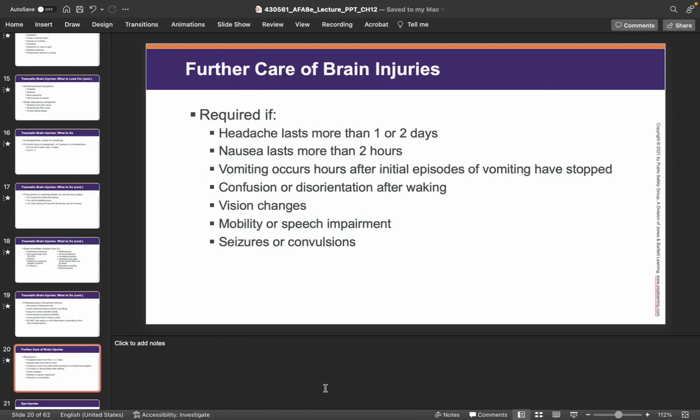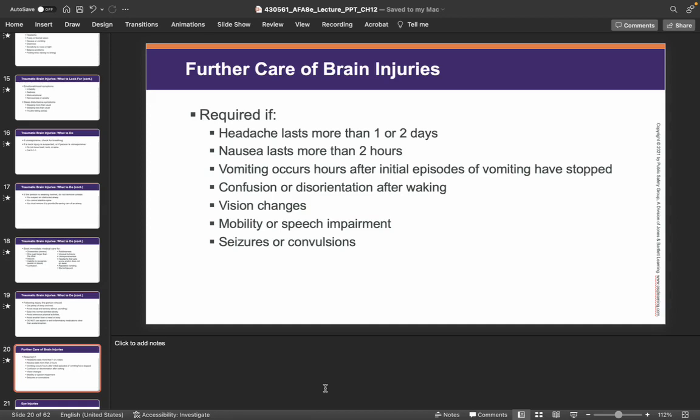Okay, so other care, going to the doctor, you would want to do if somebody's headache lasts more than 1 or 2 days, the nausea lasts more than 2 hours, if vomiting starts to happen hours after that initial concussion, or they threw up once and then they throw up again hours later, that's a big one.